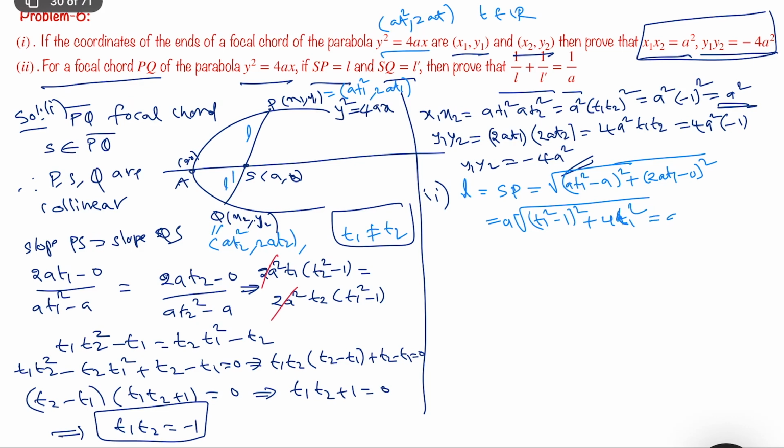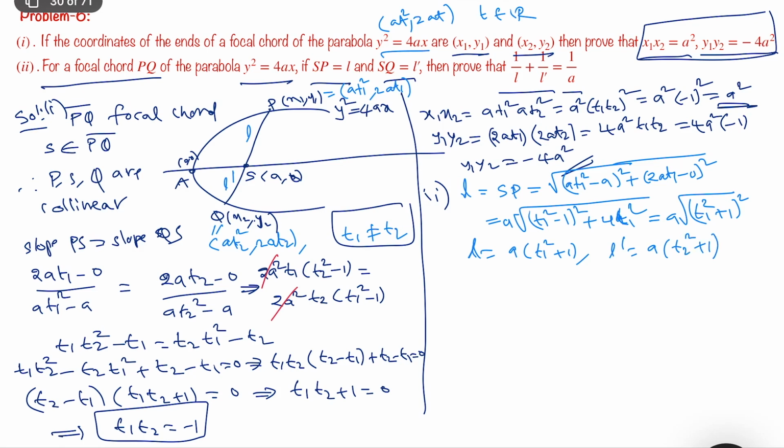This t1 square minus 1 whole square plus 4 t1 square, we can write as t1 square plus 1 whole square. So we can say that L equal to a times t1 square plus 1. Similarly, we can show L dash equal to a times t2 square plus 1.